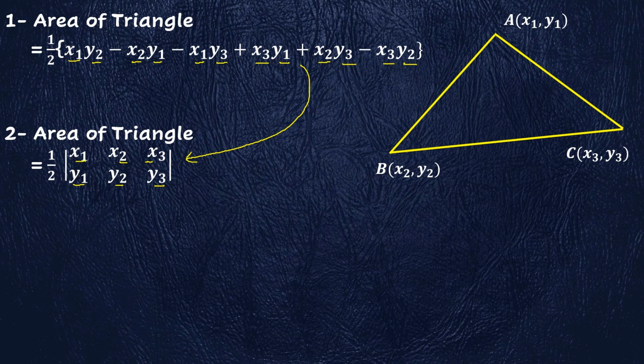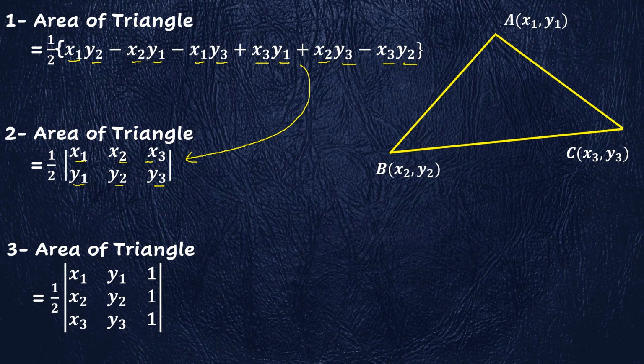Then we shall show that this area is equal to 1 by 2 into this square determinant of order 3 cross 3.